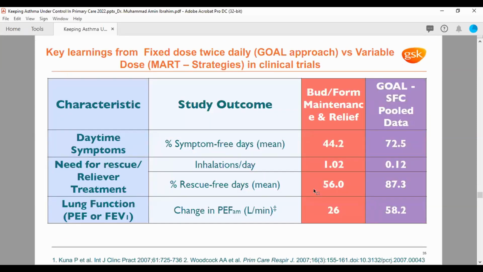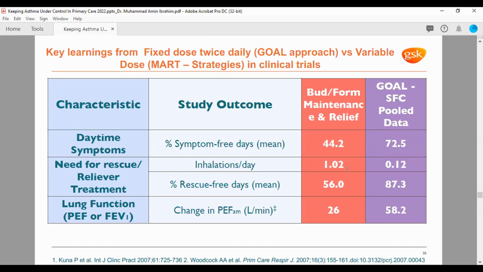Now let's compare between MART therapy, budesonide maintenance and reliever therapy, and using a regular salmeterol fluticasone inhaler. So we can achieve good asthma symptom control in almost 73% of the study population compared to MART therapy only 44%. The patient require less reliever in regular ICS LABA inhaler.